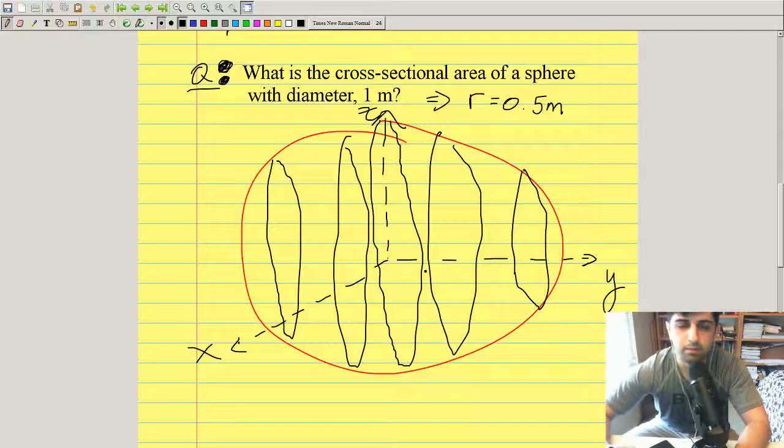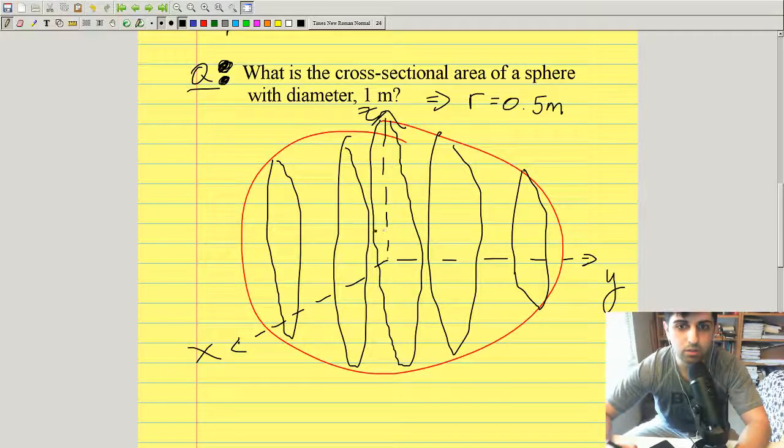I did a poor drawing here, but these cross-sectional areas are supposed to be circles, and the areas of these circles that I've cut out is what you're looking for. It's obviously going to be variable. It's going to change, so we need to figure out how it changes.